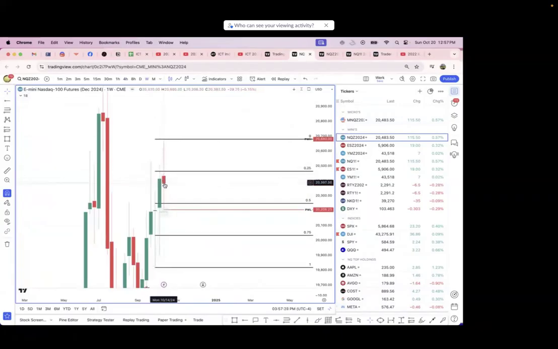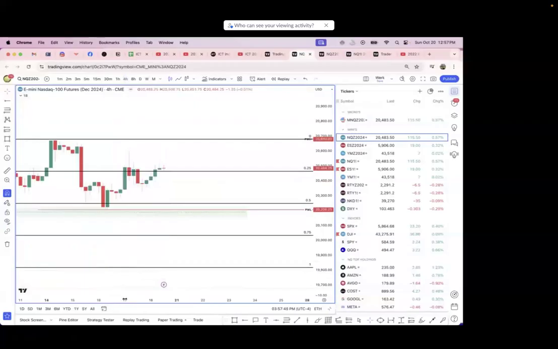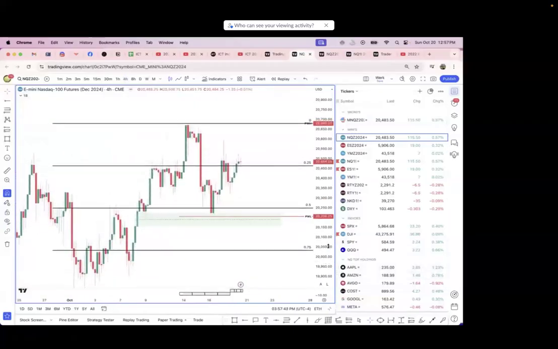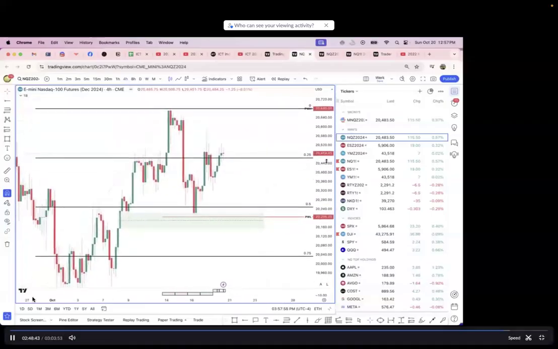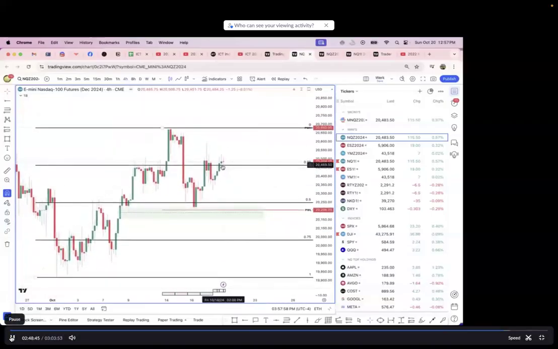So because we came up here and took out external range liquidity and we closed below the high of this chart, my thought is initially that we could be drawn down to previous week's low to take this out. And I was looking to see if there was a 4-hour fair value gap or something down here that we can target in a discount, to run some liquidity to then continue our move up.